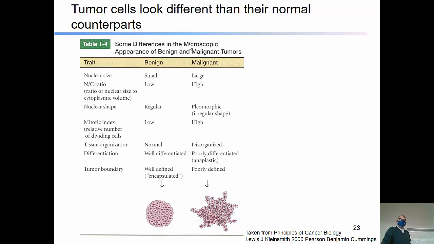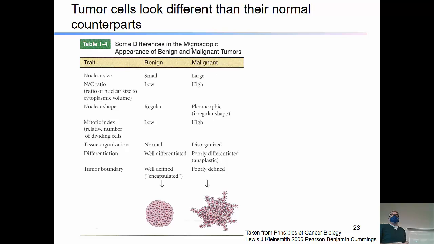Malignant cells have larger nuclei and a higher ratio of nuclei to cytoplasm, so the nucleus takes up more of the cell. The shape in benign is regular, but in malignant, the shape is pleomorphic or irregular. So again, think of a mole. They always say if it's nice and round and has nice borders or margins, it's okay, but when they start to spread or take on a weird shape, that becomes problematic.